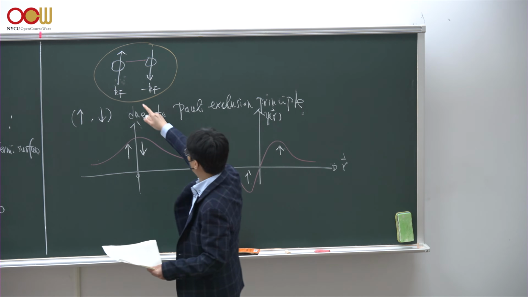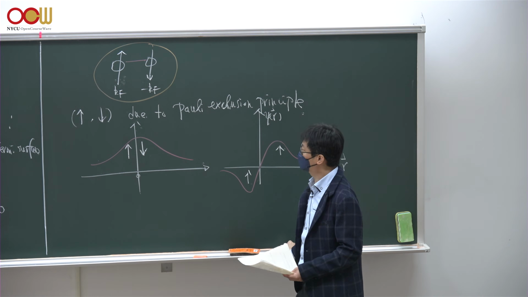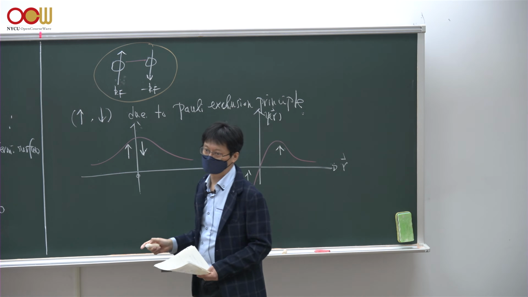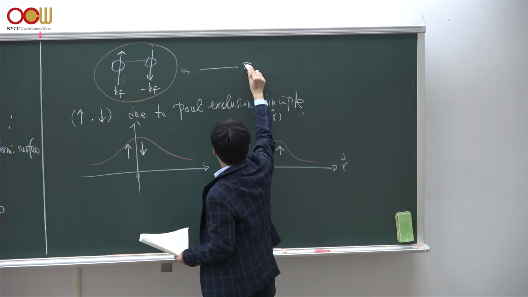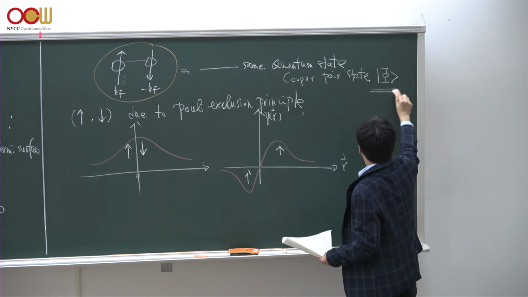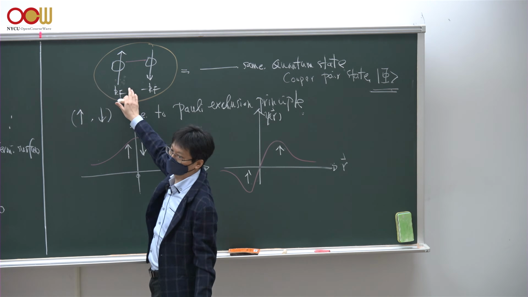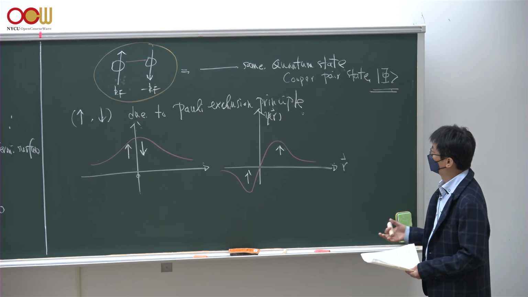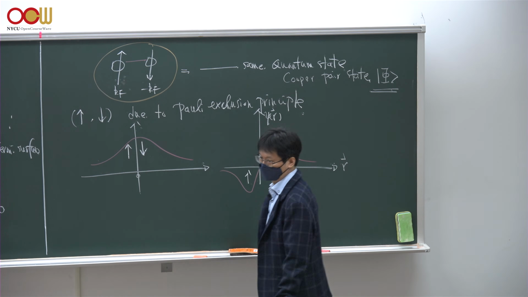And since these two electrons can pair up in the same state, the so-called superconducting state, these two spins cannot be the same, because this is something like the same quantum state, which we will talk about later as a many-body wave function. But just look at these two-electron wave functions like this. If we consider these two-electron wave functions a single quantum state, then the individual electrons must carry opposite spin.